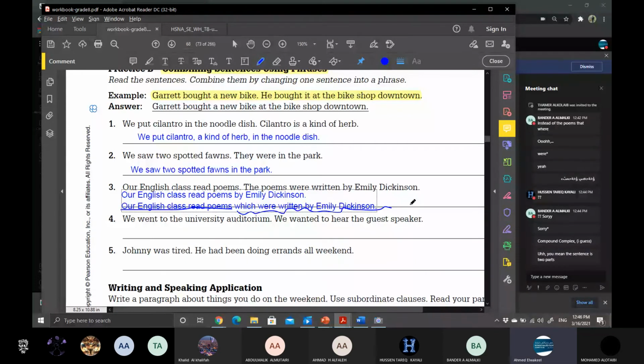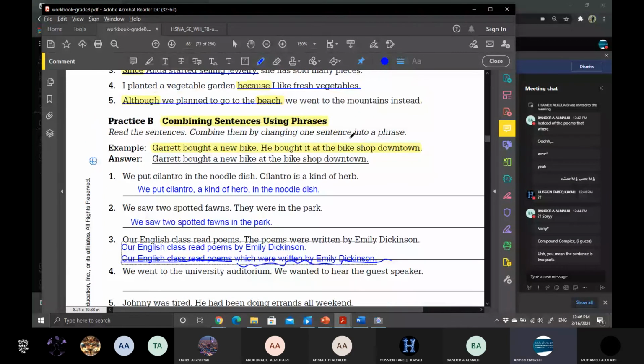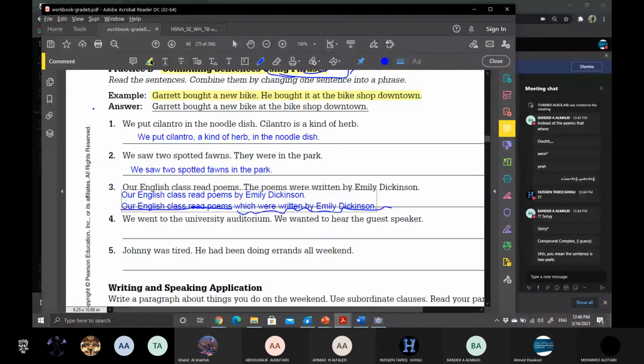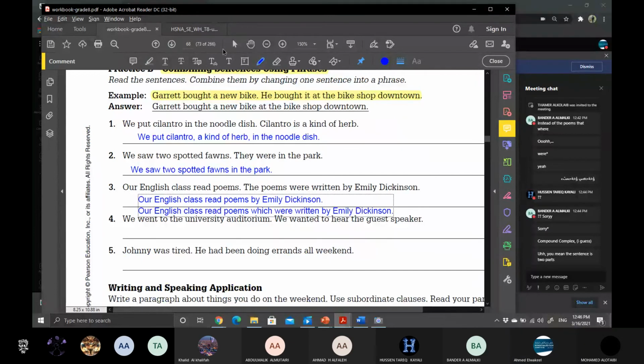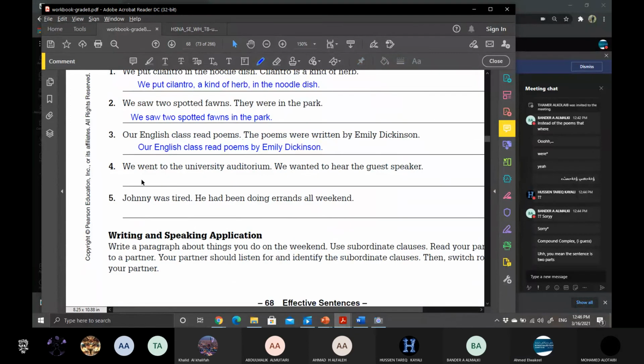Consequently, that's a complex sentence. And here we are asked to write what? A phrase. A phrase means a simple sentence yet containing a prepositional phrase at the end. So we cannot write this one. So all we are doing is just to write our class read poems by Emily Dickinson.